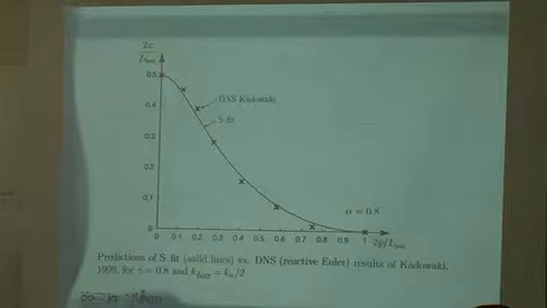Even with this, what I don't understand, so you solve DNS. If we change a little bit the condition of periodicity, what happens? Because it's really just one point. If you change something a little bit, the picture may be too difficult.